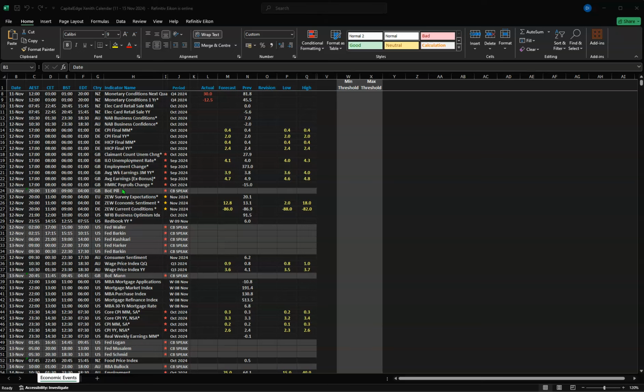But something you want to notice when you have a lot of these data points coming out, like when you have more than two or three, there is a possibility to see what is called mixed data. So mixed data is when you have one particular data or one particular event coming out higher and then the other one coming out lower. You don't want to see that because that's going to be mixed.